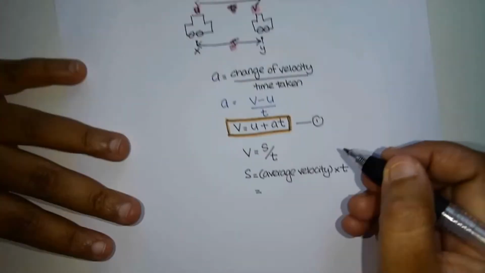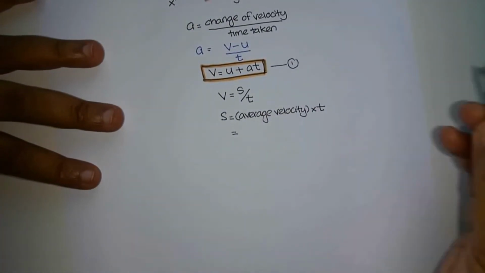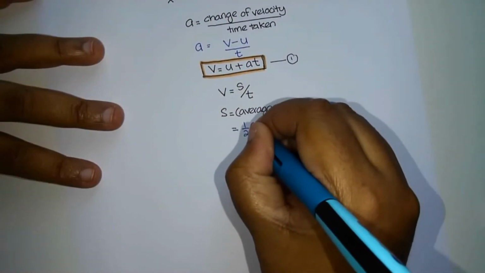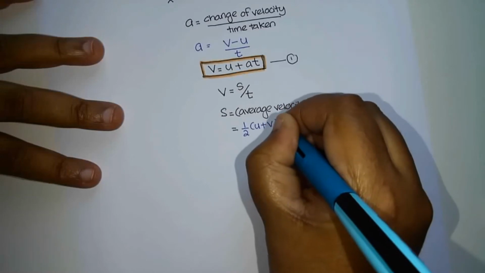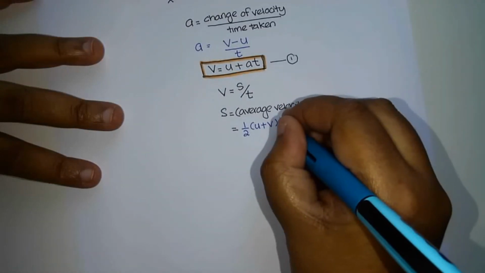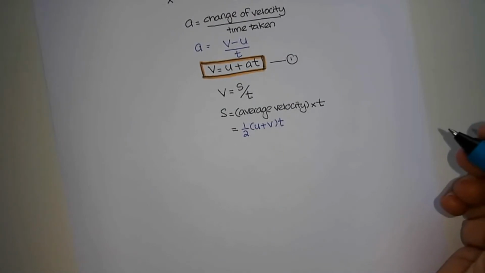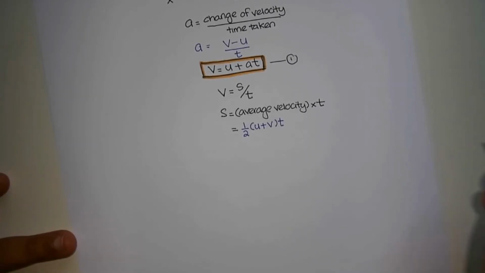In this example, average velocity is half of u plus v, times t. You must understand the word average. Average means purata, okay?